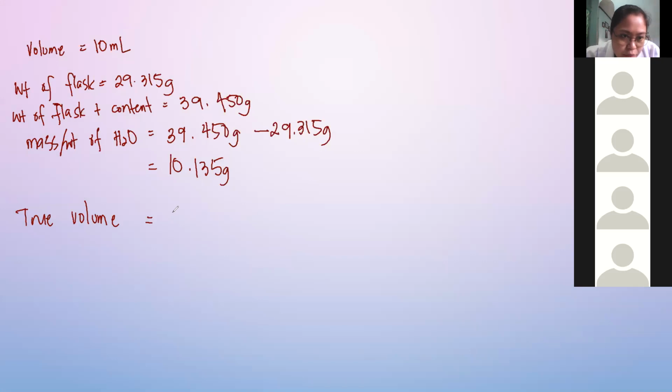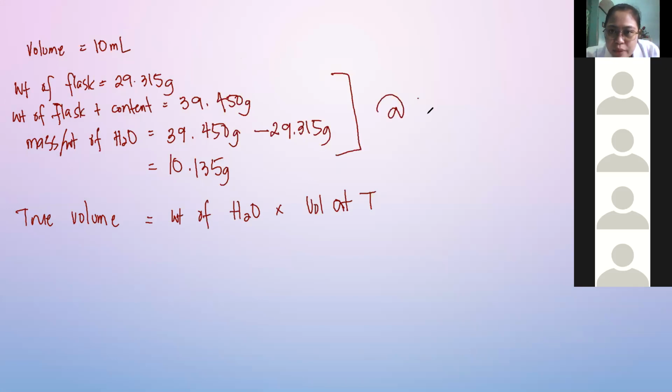So for example, this procedure is done at 25 degrees Celsius. So to compute the true volume, the weight of the water is 10.135 grams times, we will look at the table. Remember the 25 degrees Celsius.